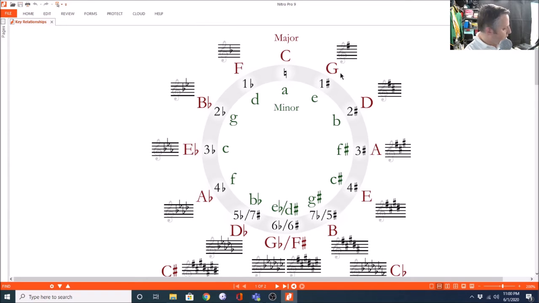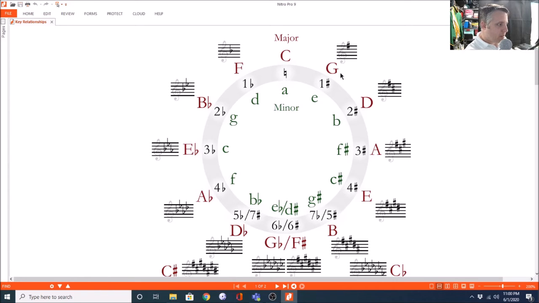And so you hear that often. If I were to make a dominant 7th chord, which simply means that I add the flat 7, or F in this case, it sounds kind of jazzy.